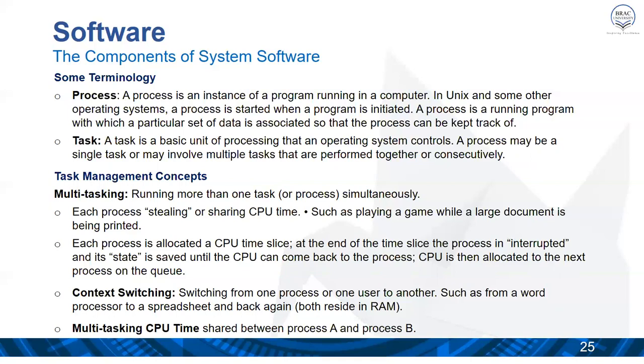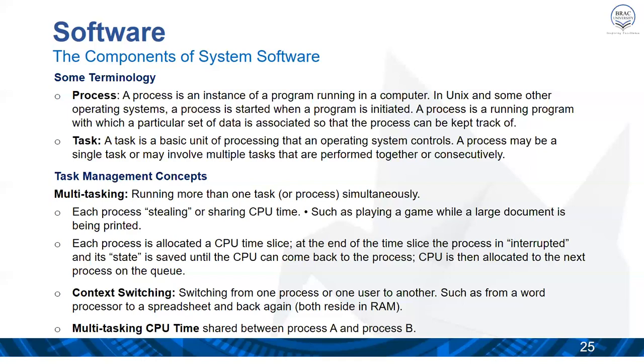For example, when a large document is being printed, at the same time, if a computer game is playing, then the processing time of the CPU will be shared among the document printing process and the gameplay process.